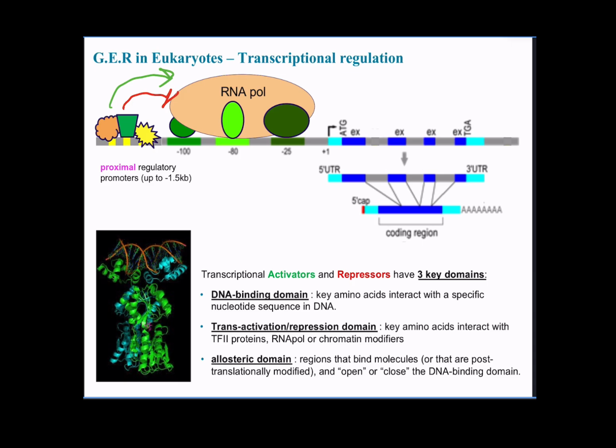In eukaryotes, there is that extra layer or extra mechanism for regulation that involves chromatin modifications. So the activator or the repressor comes to the regulatory promoter, modifies chromatin locally, loosening it or tightening it, and therefore making it easier or harder for the initiation complex to assemble and initiate transcription.